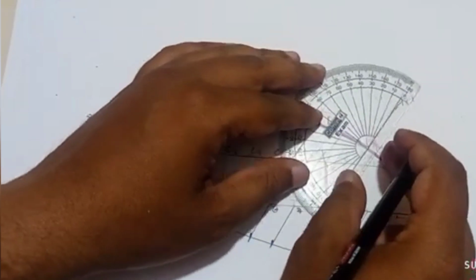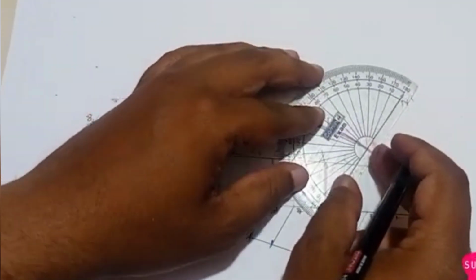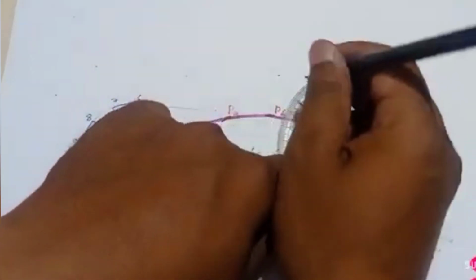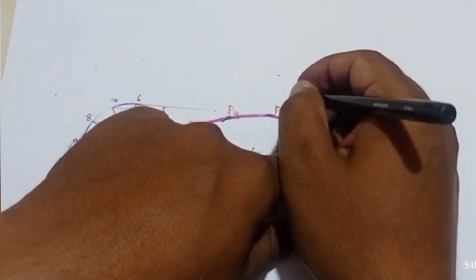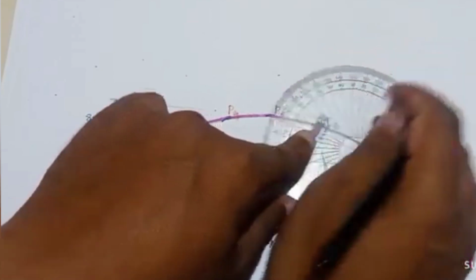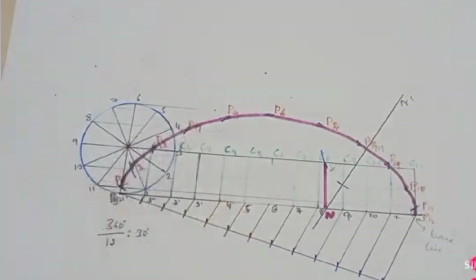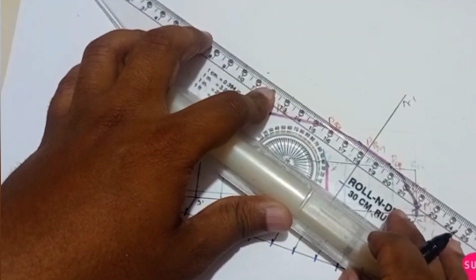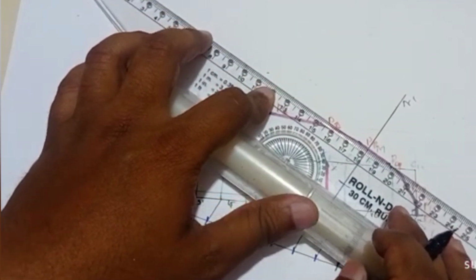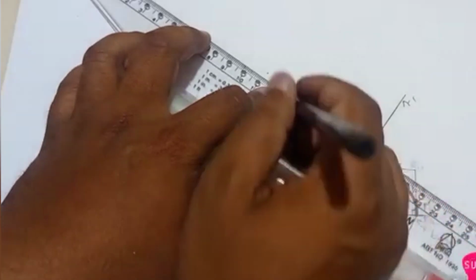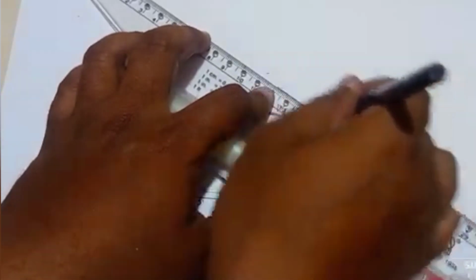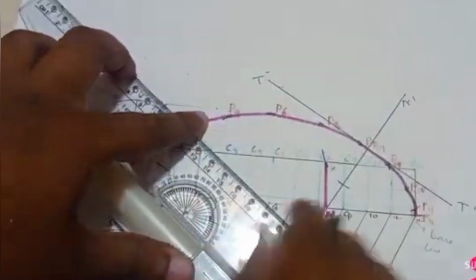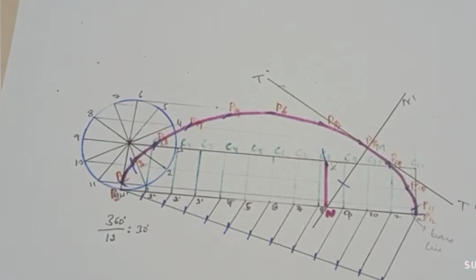Now exactly perpendicular to this line, if you draw a line, that is your tangent. Mark the 90 degree. That is your tangent, I'll write T dash. So that completes the problem.